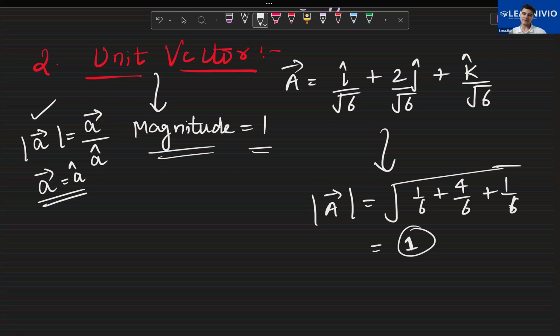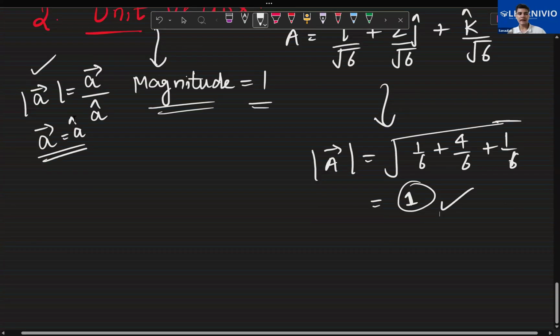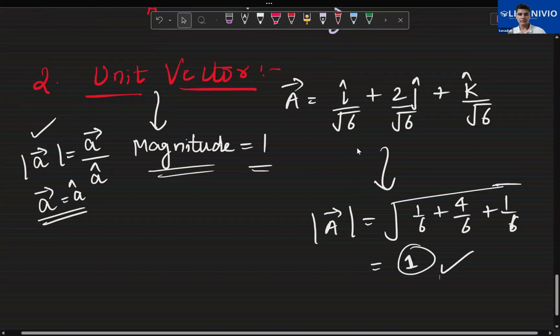So it is not necessary that each and every component on your x-axis, y-axis and z-axis is 1, 1, 1. अगर 1 होगा तो obviously that will give you magnitude root 3, right? So in these types of vectors, where your vector is in the same direction of a unit vector, that will give you a unit vector.